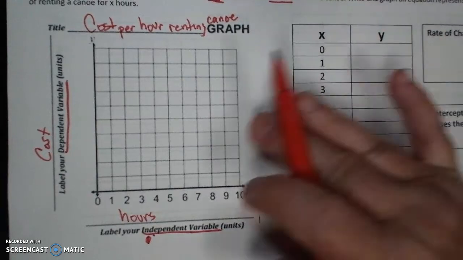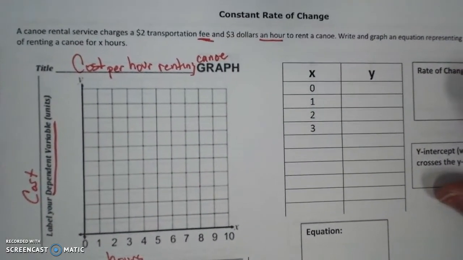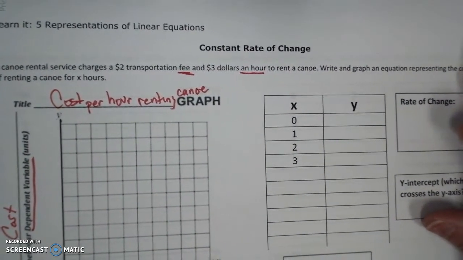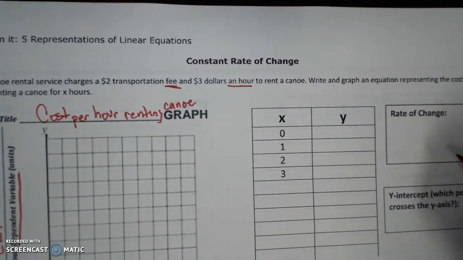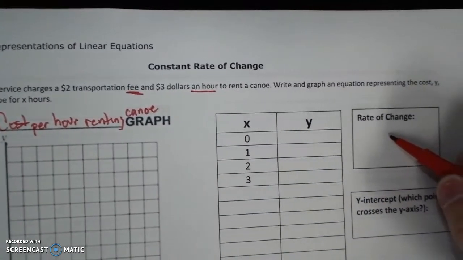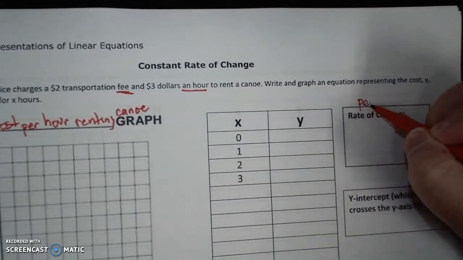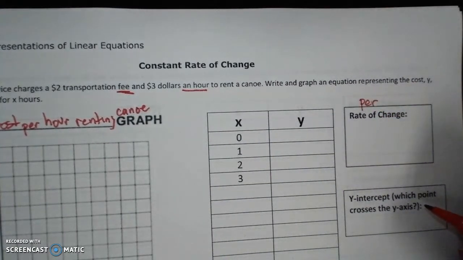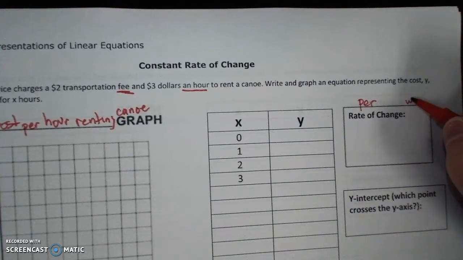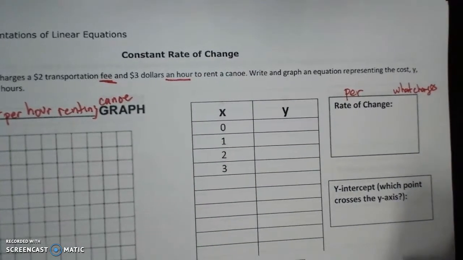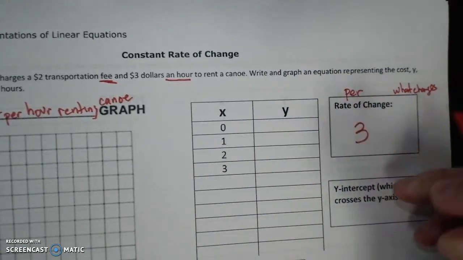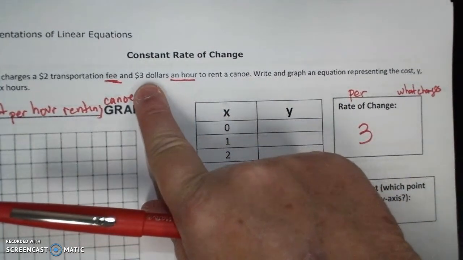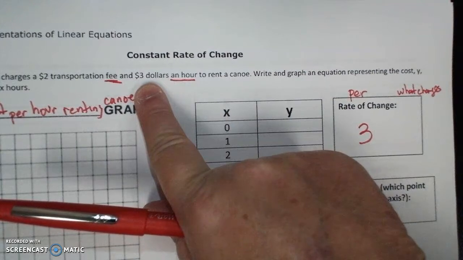Lots of information. I'm going to leave that for right now, and I'm going to come back to it in a little bit. I'm going to come here, and I'm going to ask, what is my rate of change? I'm going to say per, or what changes. And what changes is my hours. So that's what my $3 is.